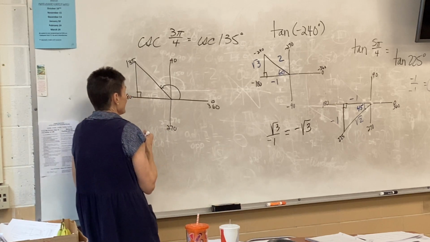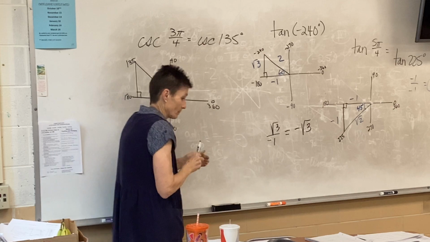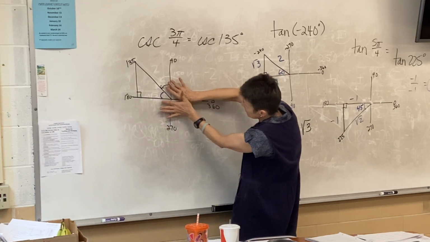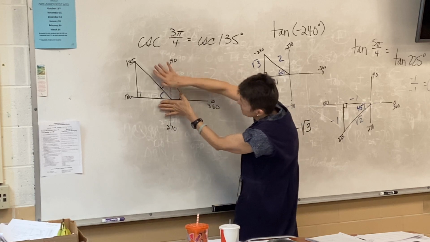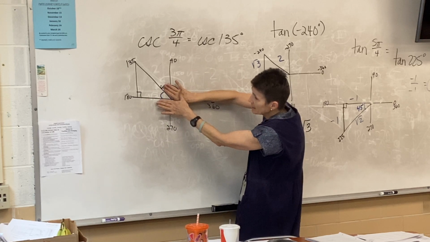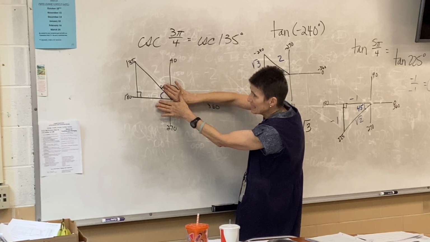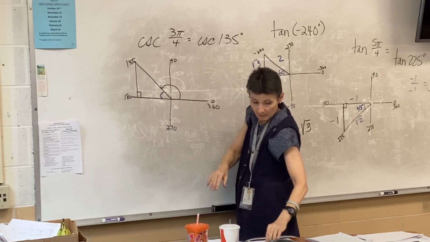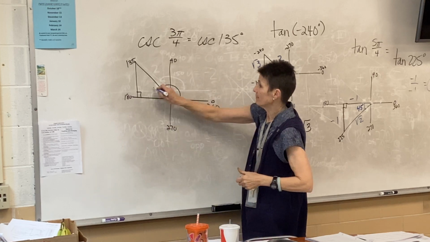Always the one at the origin. And what is it between? It is between 135 and 180. How many degrees are between 135 and 180? I hope you're saying 45.